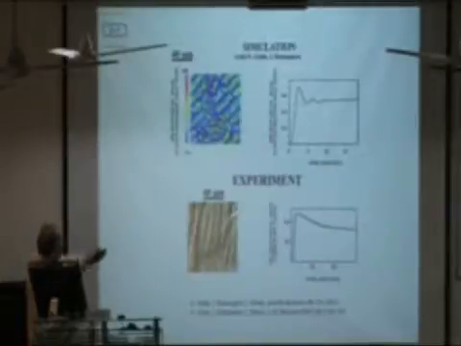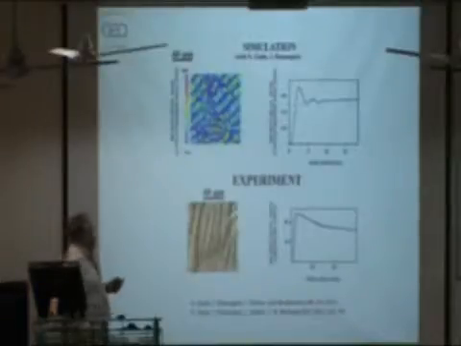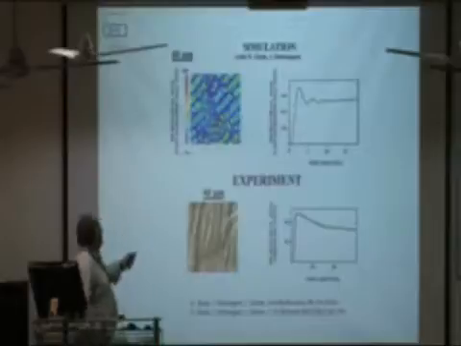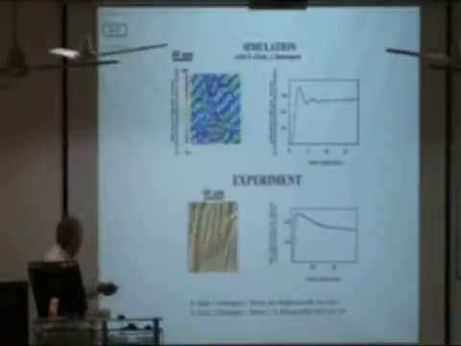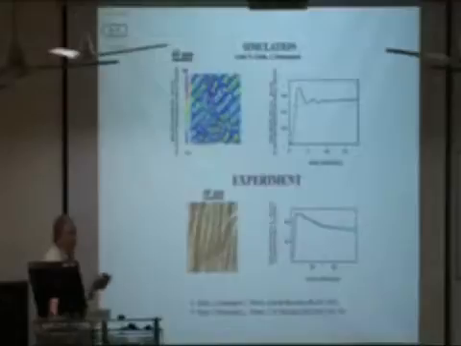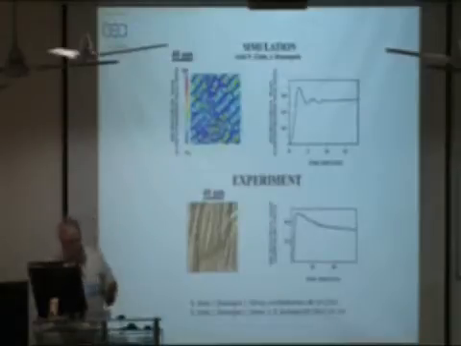And if we look at the simulated assembly kinetics that correspond to this, we see an overshoot. This type of behavior corresponds relatively well with experimental observation, and this encourages us to believe that this type of explanation we're proposing may not be too far from reality.